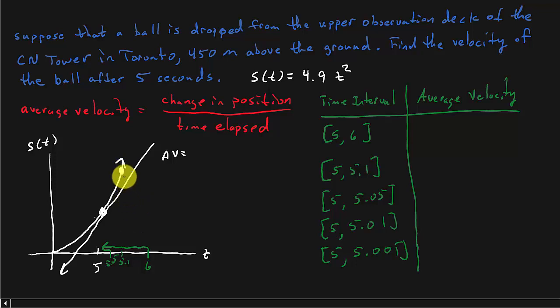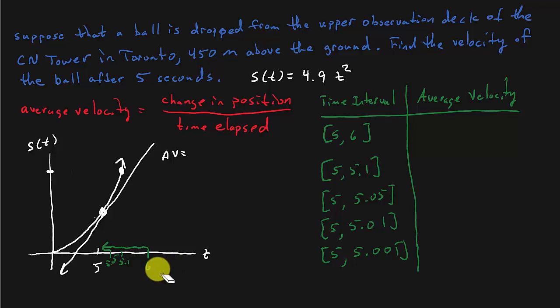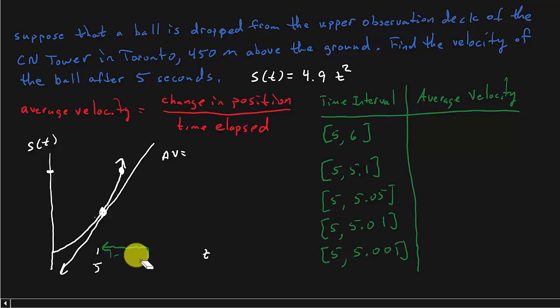Well, this value here, okay, so, well, I wish I could have drawn it a little better. Let's do this. Give you a better idea. Let's draw the x-axis back in there. I mean the t-axis back in there.